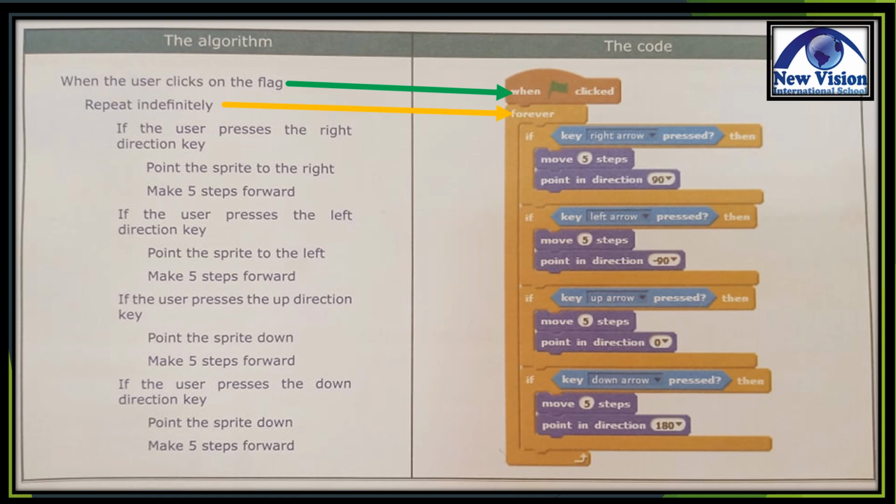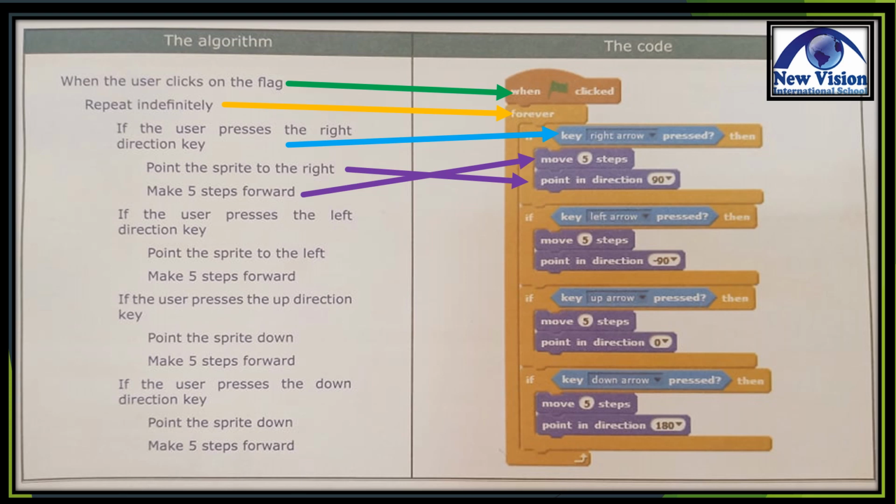If the user presses the right direction key, it is equivalent to key right arrow pressed. Point the sprite to the right is equivalent to point in direction 90. Make 5 steps forward is equivalent to move 5 steps.